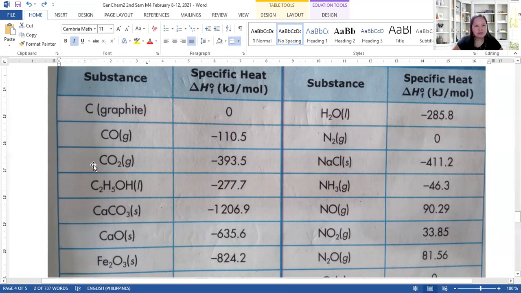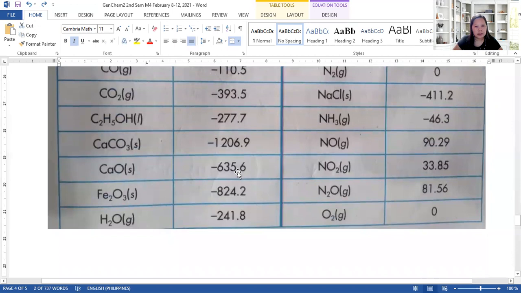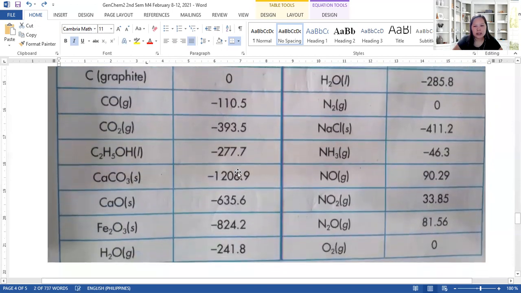We have here carbon dioxide because these are the common compounds that you can encounter in chemical reactions. Carbon dioxide in gas form has a standard enthalpy of formation of negative 393.5 kilojoule per mole. We also have O2, NH3 and others.